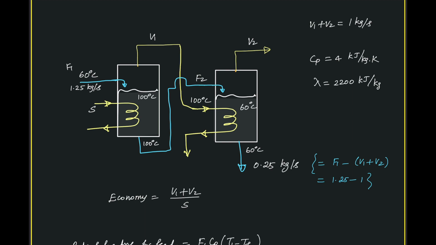How did we find this 0.25? F1 is entering and leaves as V1 plus V2 plus the product. So F1 equals V1 plus V2 plus the product. To get the product, we simply subtract these two quantities from the feed, and we obtain the product flow as 0.25 kg per second.